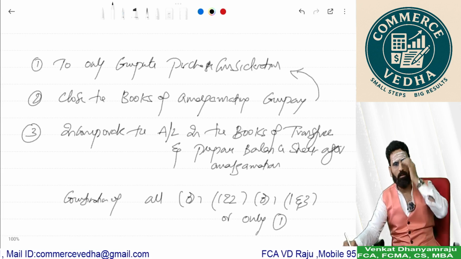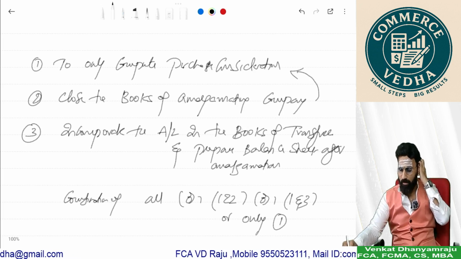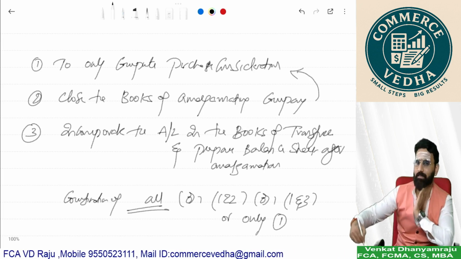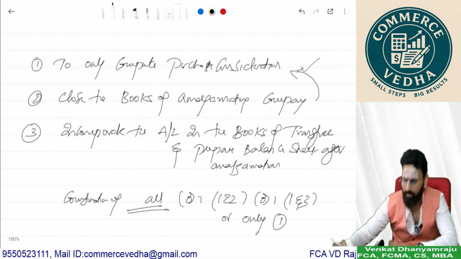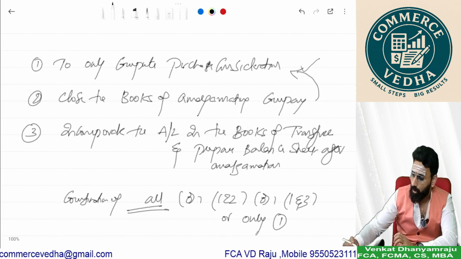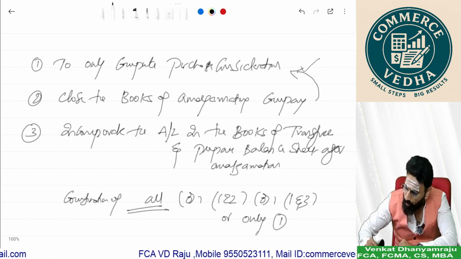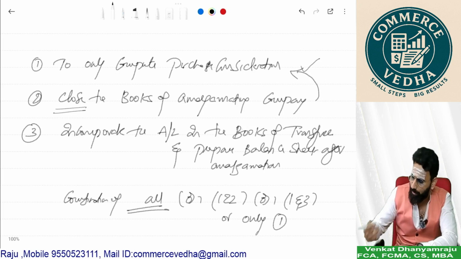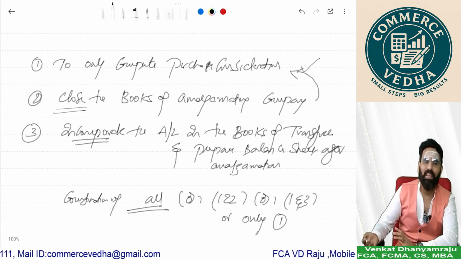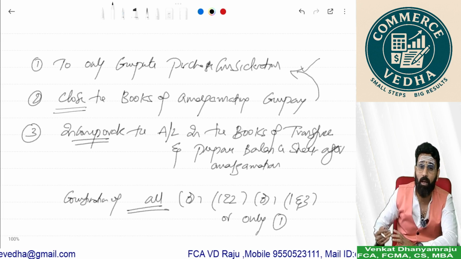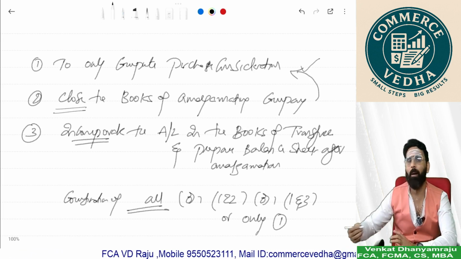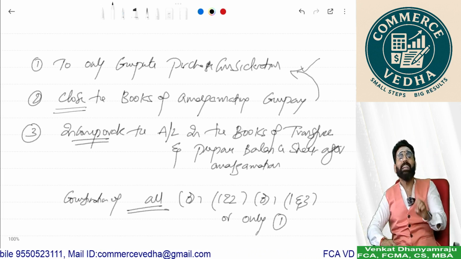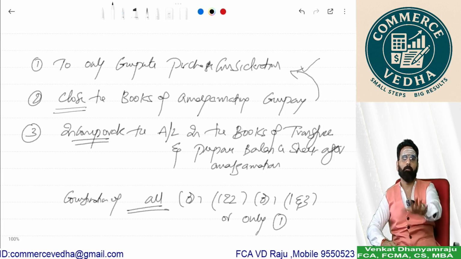So it can be asked either only to compute purchase consideration, or compute PC and close the books of the amalgamating company, or compute PC and incorporate the assets and liabilities taken over in the books of the amalgamated company and prepare the balance sheet after amalgamation. Any combination, depending upon the weightage of the marks given to the particular question.